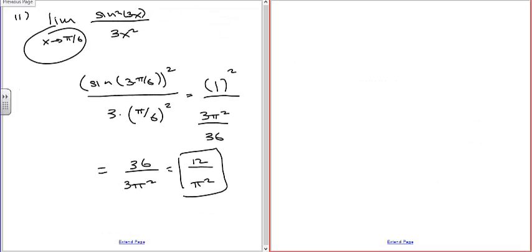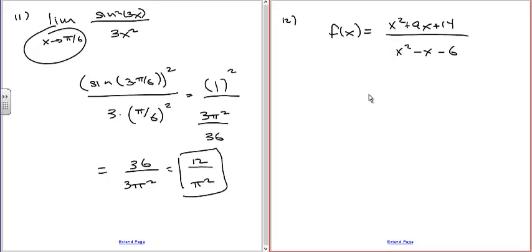And then your final problem is looking at the two types of discontinuities, which are removable and non-removable. So it means we're going to factor the numerator and the denominator first. So we get, well, two numbers multiplied together give us 14, and add together to become 9.